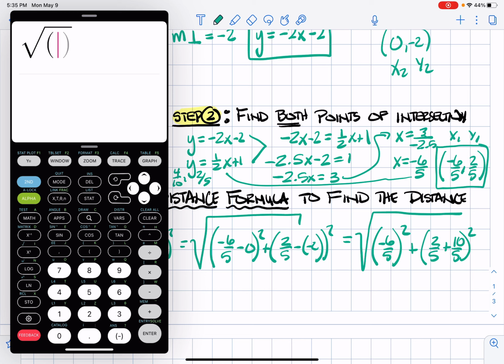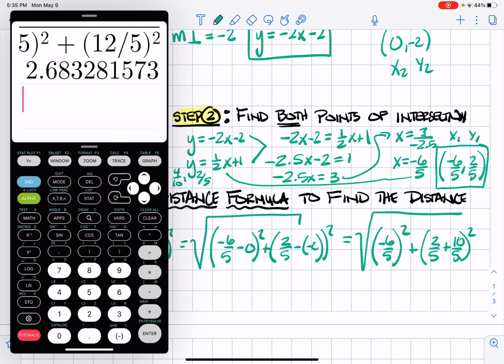So I'll just do 6/5 and then quantity squared, and then plus, and then left parenthesis, we'll say 12/5 because 2 plus 10 is 12. So 12/5 and quantity squared, and hit our answer. So we're getting approximately 2.68. So if I round that, that'd be approximately 2.68, and this would be units.